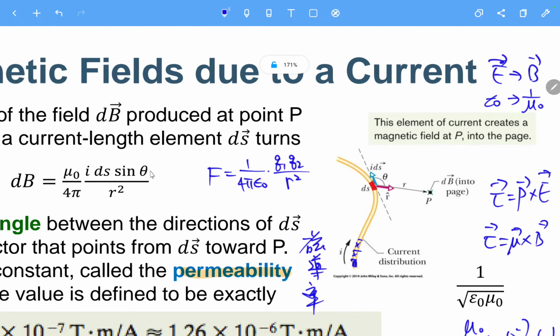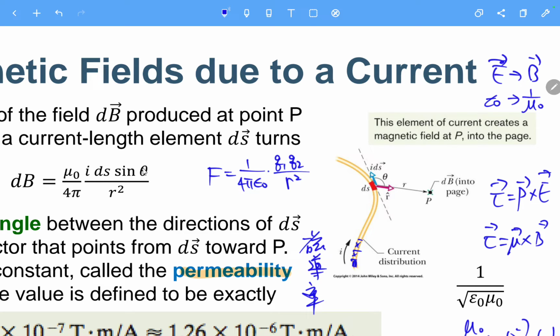Let me talk about r first. R is the distance from this segment to the point you are concerned with. As this segment is very small, you can regard it as a point, so you can find the distance from here to here.